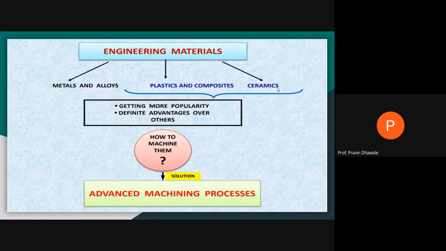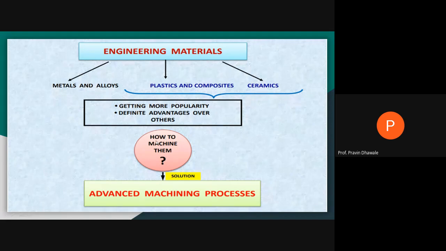So, materials like plastics, composites, ceramics, right? They are very difficult to machine using conventional machines like a lathe, grinding, milling machines. So, in order to machine such materials, you require certain solutions.